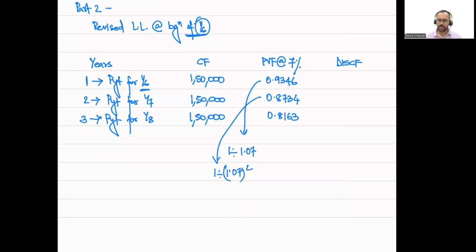For the first year, discounted cash flow will be 1,50,000 multiplied by 0.9346, which is equal to 1,40,190. For the next year, it is 1,50,000 multiplied by 0.8734, which is 1,31,010 rupees. And for the third year, it's 1,50,000 multiplied by 0.8163, which is equal to 1,22,445.